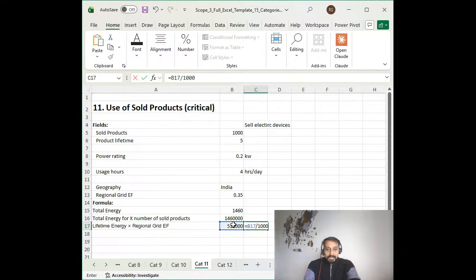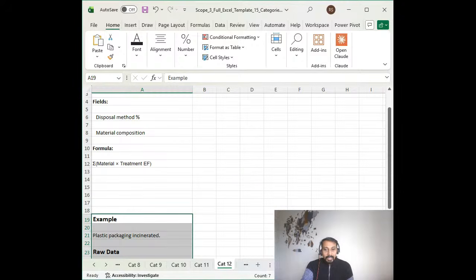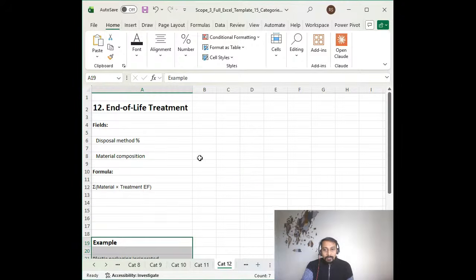So here you can see that of whatever categories we have counted, this is the highest number we got today. That is what is covered under category 11. So you have to calculate energy per unit and total energy emissions, and finally you will get the overall tons of CO2 equivalent.